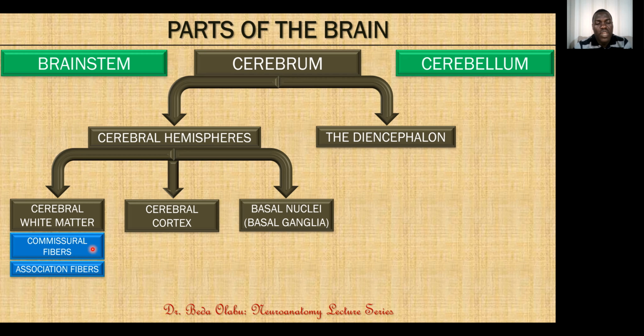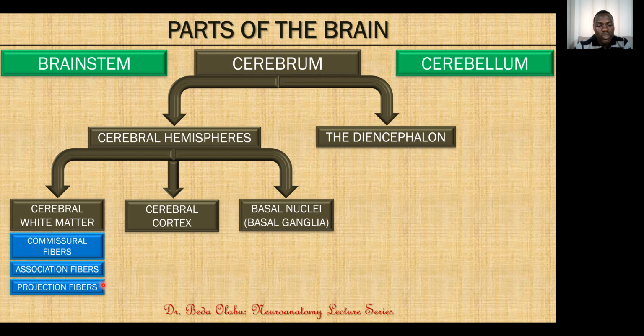Apart from commissural fibers, we talked of association fibers. Association fibers join different cortical regions within the same hemisphere. So it's limited to one hemisphere, either the left hemisphere or the right hemisphere, but different cortical regions within the same hemisphere.